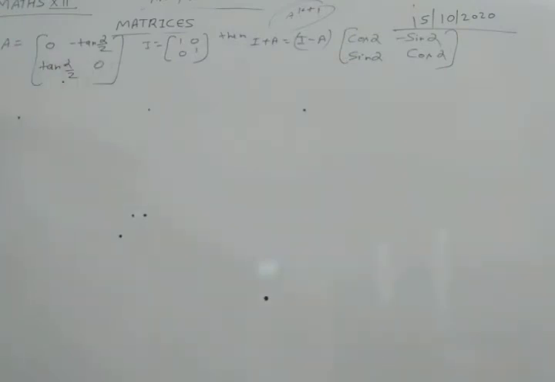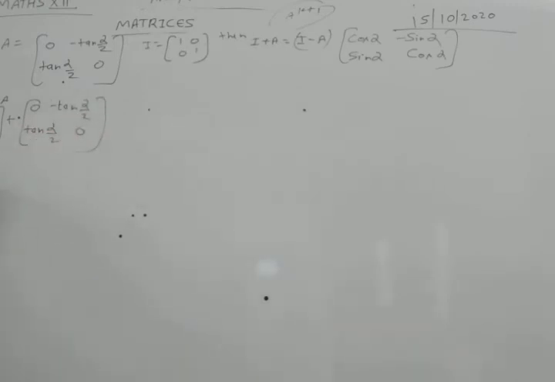So take first the left hand side, I plus A. So I is what? I is 1 0 0 1, and A is 0 minus tan alpha by 2, tan alpha by 2 0.